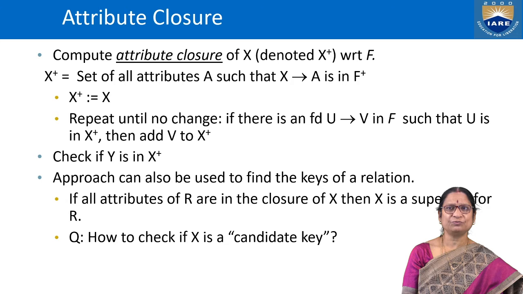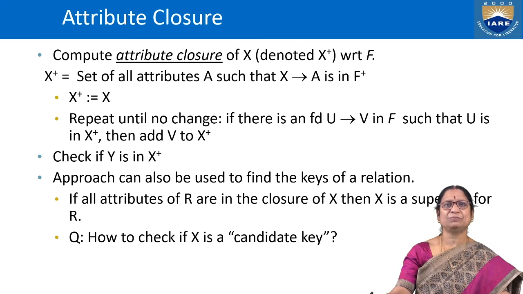First, we have to check whether U is in X plus or not. If U is there, V will be added. So all transitive FDs we are able to generate keep adding more attributes into our attribute closure. This process is continued repeatedly until no new FD can be generated that adds an attribute to the closure.